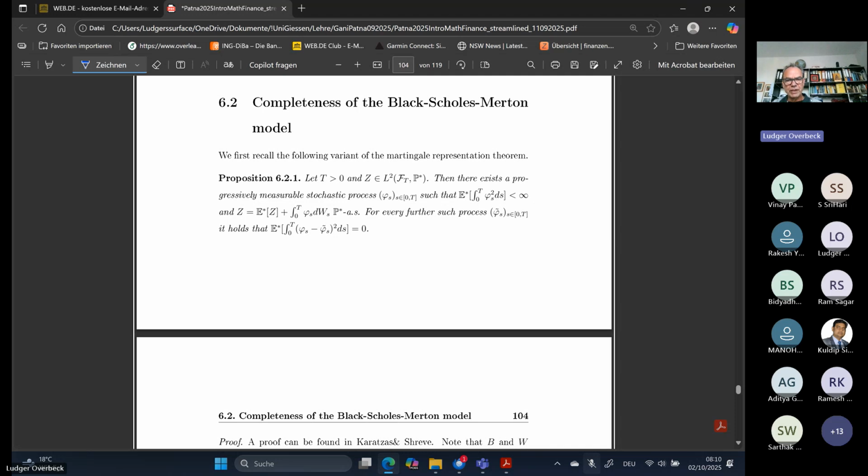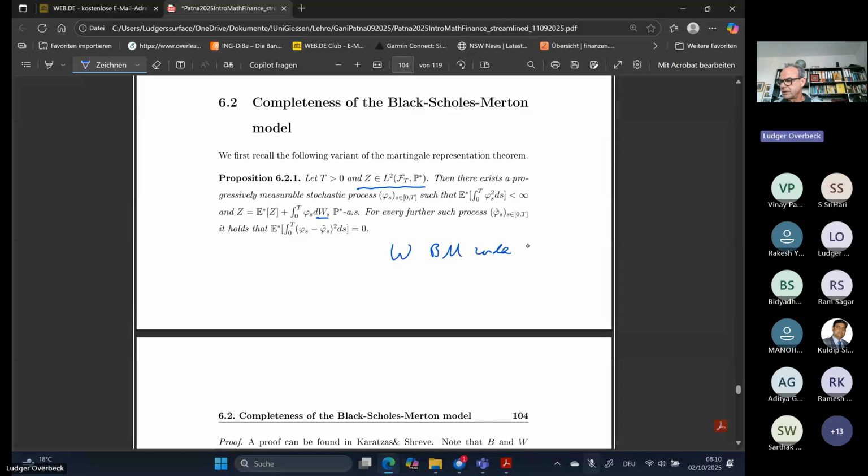As I mentioned before, in this context of geometric Brownian motion as asset price, we have our Brownian motion and we have the martingale representation theorem. This means every random variable, in terms of mathematical finance an option, is considered under the pricing measure P star, under which W is a Brownian motion.